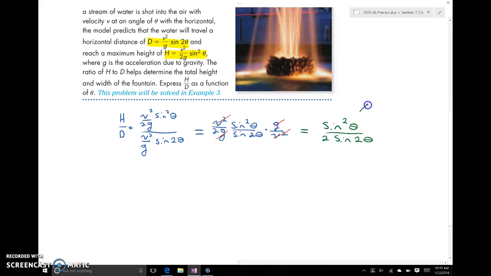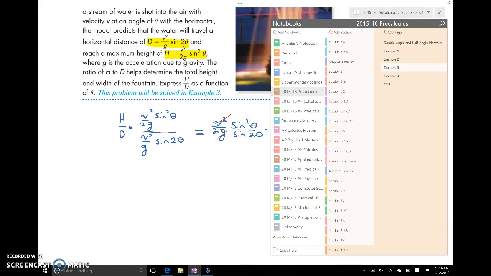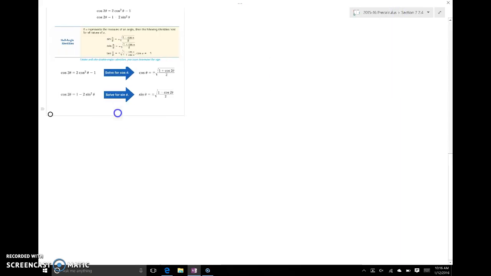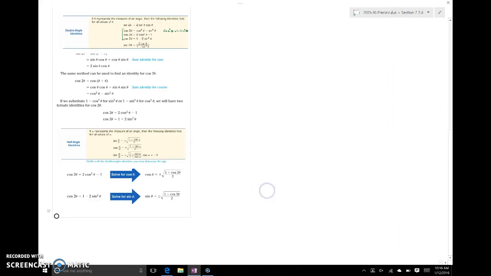Now, we could try to convert sine squared theta, or another thing that we could try to do is we could try to convert sine 2 theta. So before we decide what to do, we should look at the identities and see if we can spot how one of them might help us simplify it.